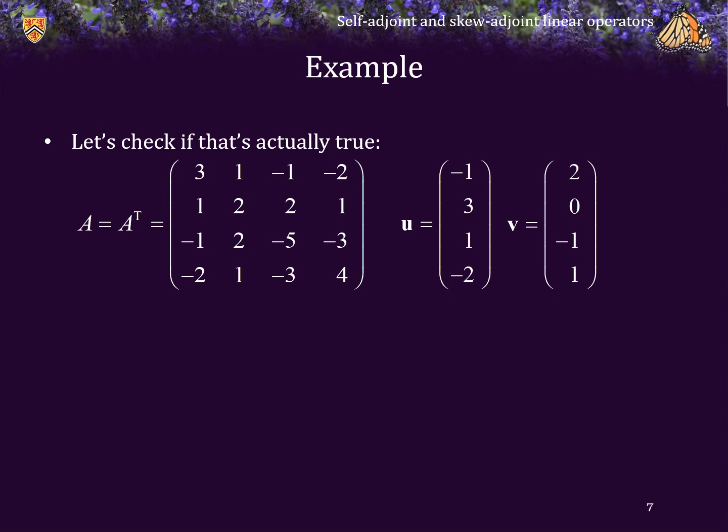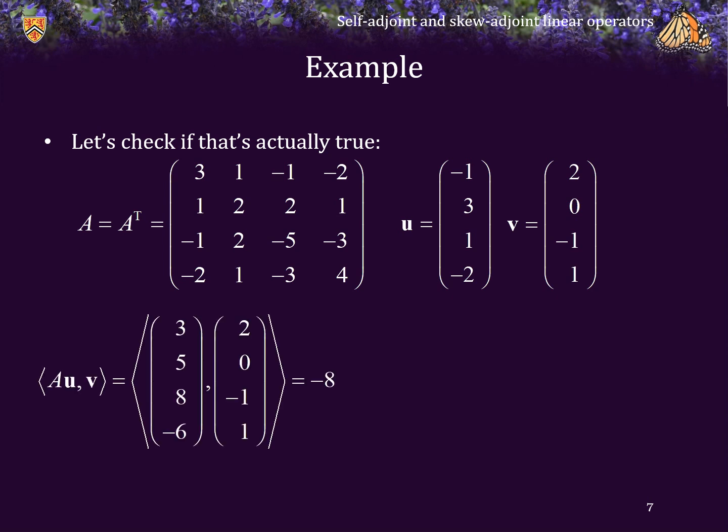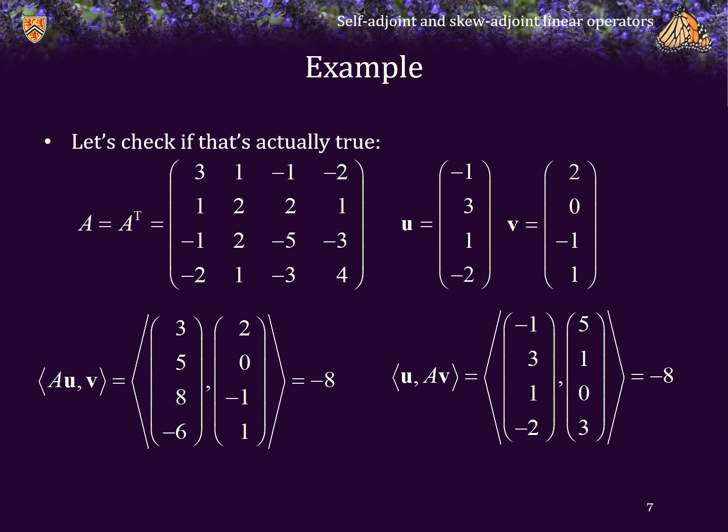Here are two vectors, u and v. If we calculate the inner product of A times u, we get the vector 3, 5, 8, negative 6, and if we take the inner product of this result with the vector v, we get negative 8. Similarly, if we multiply A by v, we get the vector 5, 1, 0, 3, and if we take the inner product of u and that result, we also get negative 8.